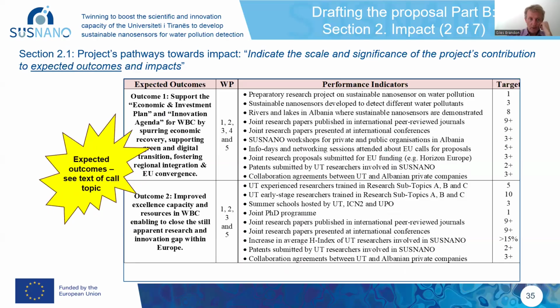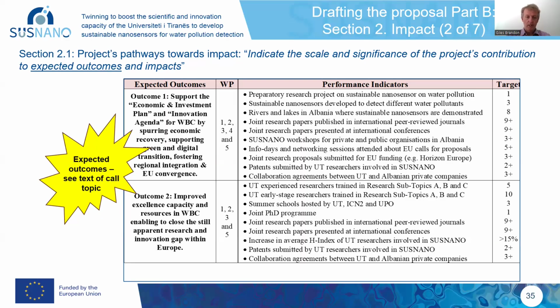Still in section 2.1 of impact, the Commission says indicate the scale and significance of the project's contribution to expected outcomes and impacts. Now, not only is it nice to write in qualitative terms about these expected outcomes and impacts, it's also good if you have some quantitative indicators for outcomes.